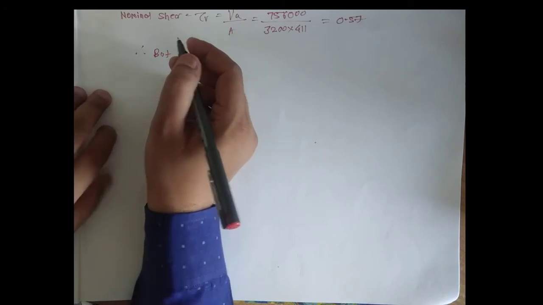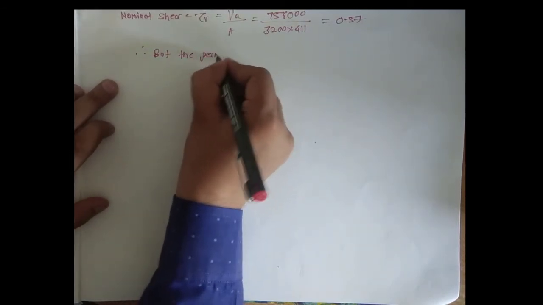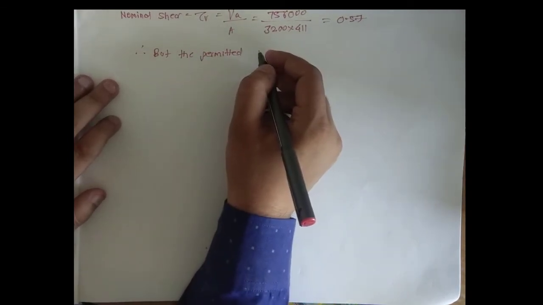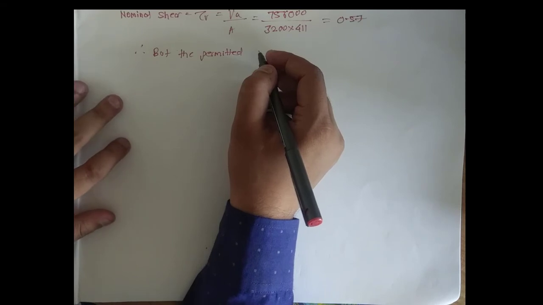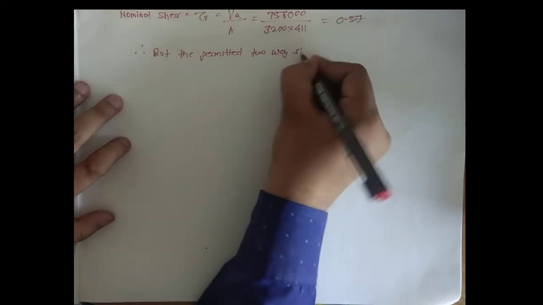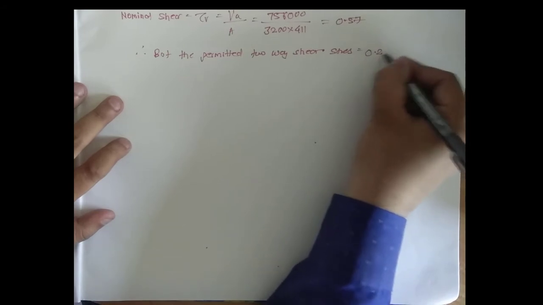But the permitted two-way shear stress is equal to 0.25 root FCK, that is 0.25 upon 20.